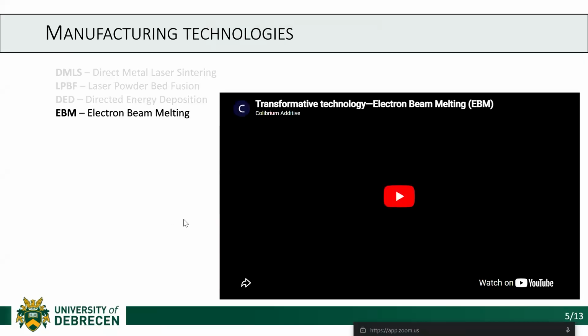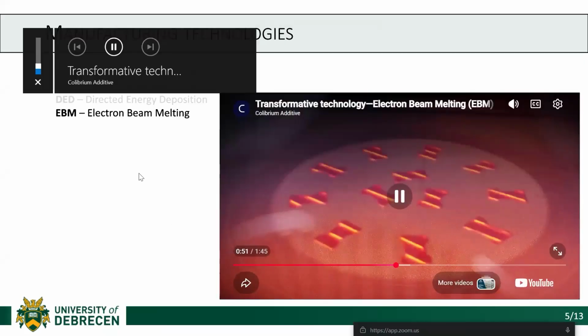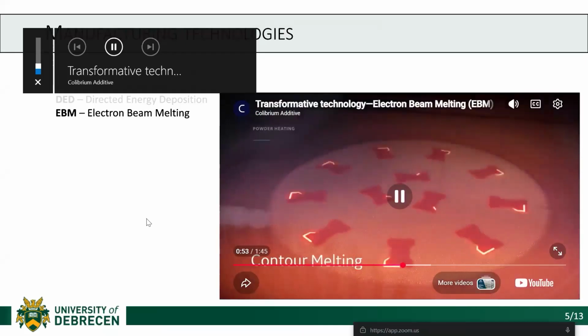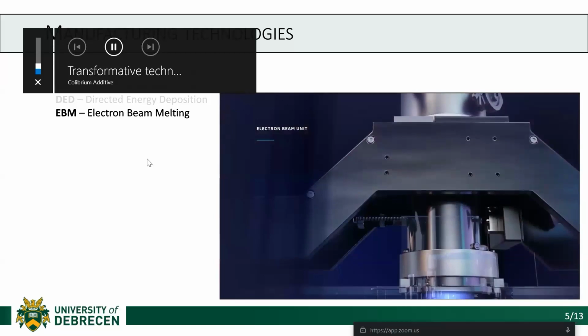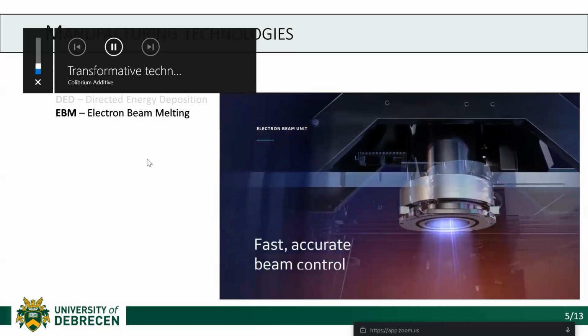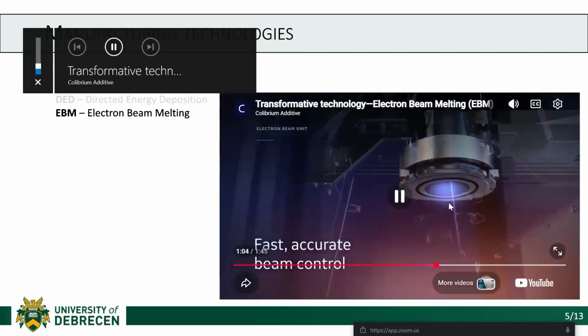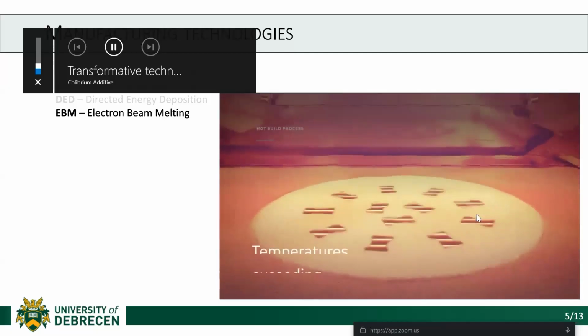And the third method that is commonly used is the so-called electron beam melting, when an electron beam will melt the titanium powder in a heated chamber and in a vacuum environment.